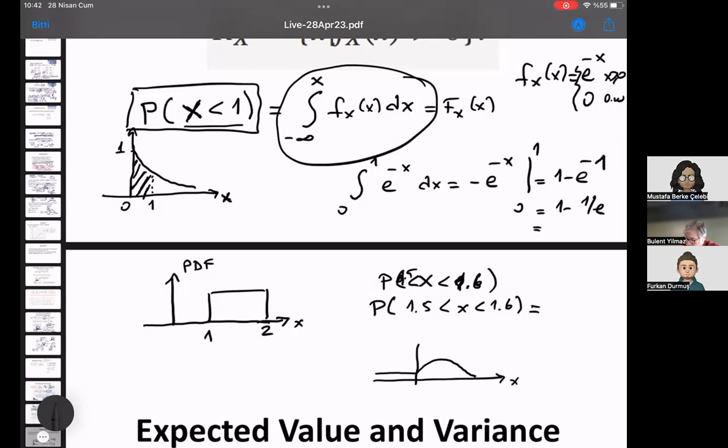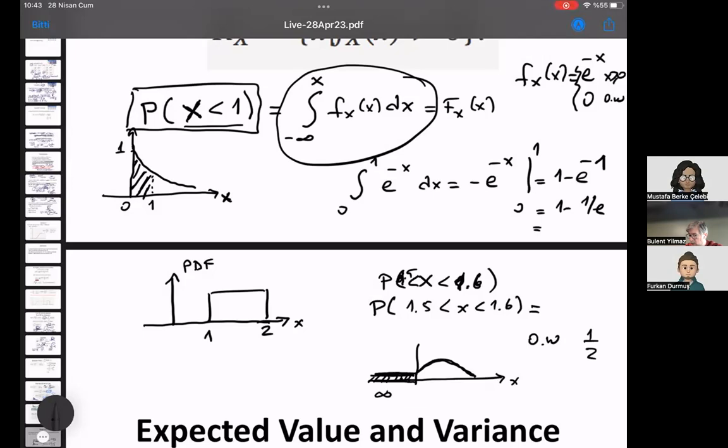There might be something before 0, but you should be careful, because if I have otherwise equal to 1/2, then the area under this will be equal to infinity, right? The area under the PDF should always be equal to 1. You have to be careful on that.